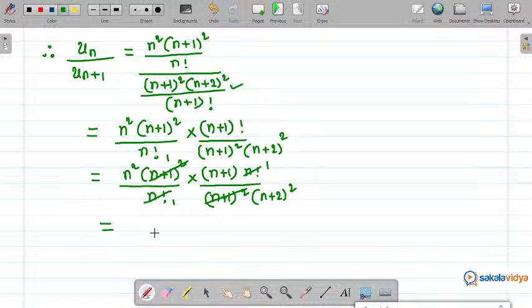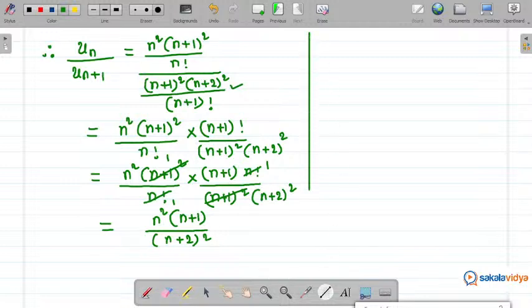You are going to get like this: n square into n plus 1 by n plus 2 whole square. It's correct only, right? So now, by D'Alembert's ratio test, we need to apply.